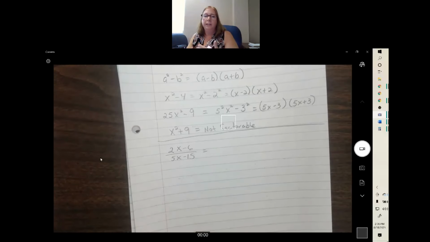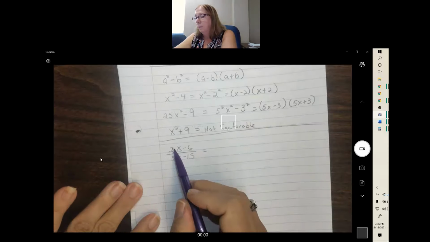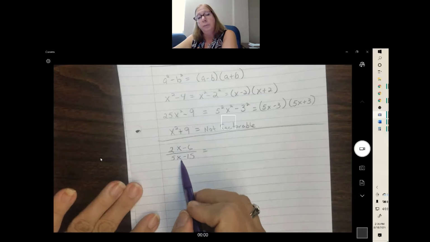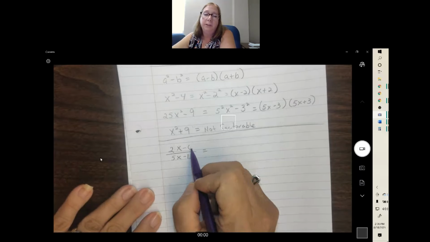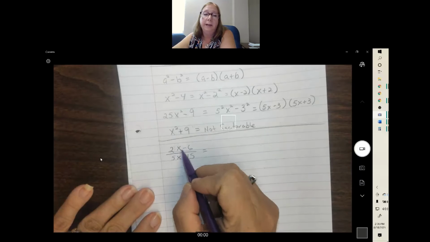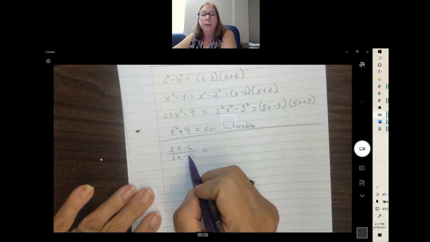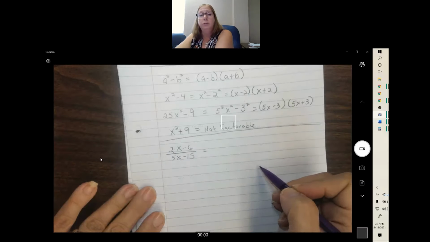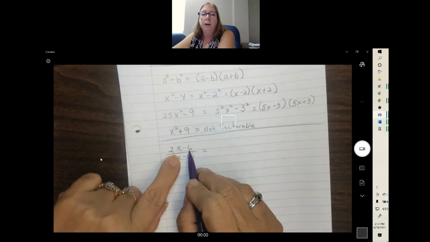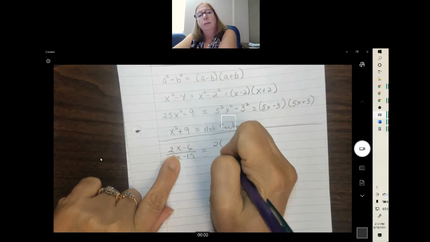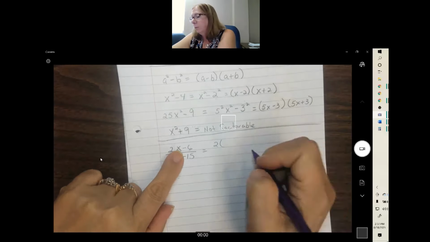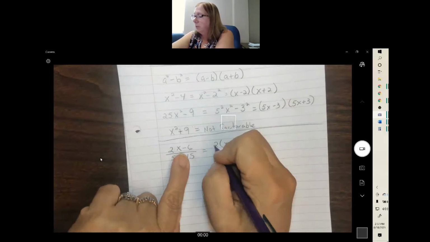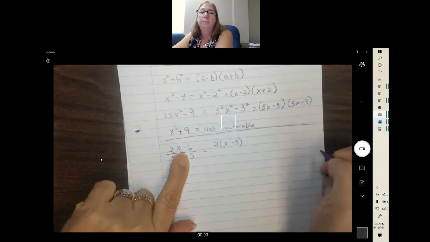Now this one deals with factoring and reducing. When you have a fraction and you're trying to reduce, and we have 4 terms, 2 on the top and 2 on the bottom, if something were to divide into all 4 of them, you could divide it out. In this case, it doesn't. There's nothing that goes into all of these. But we could factor the top and the bottom, and maybe something else will reduce. So if we pull a 2 out of the top, we're left with an x, and negative 6 divided by 2 is a negative 3.